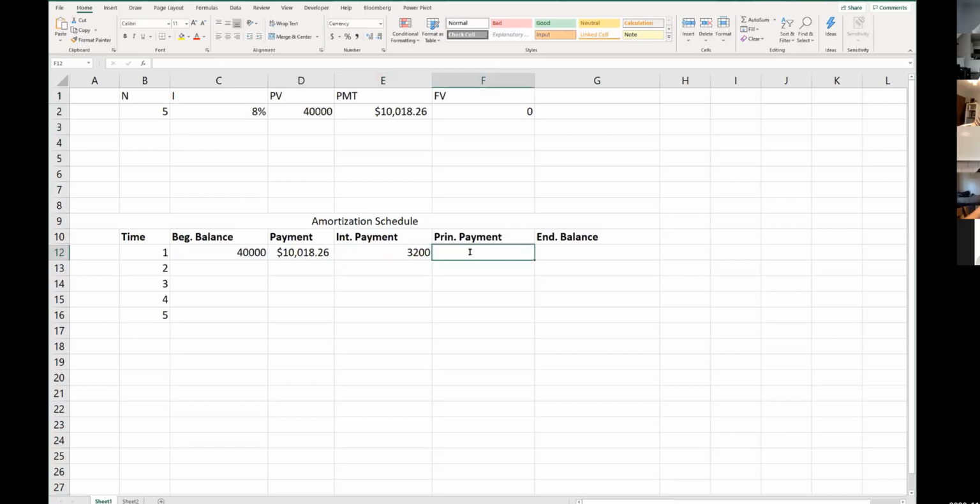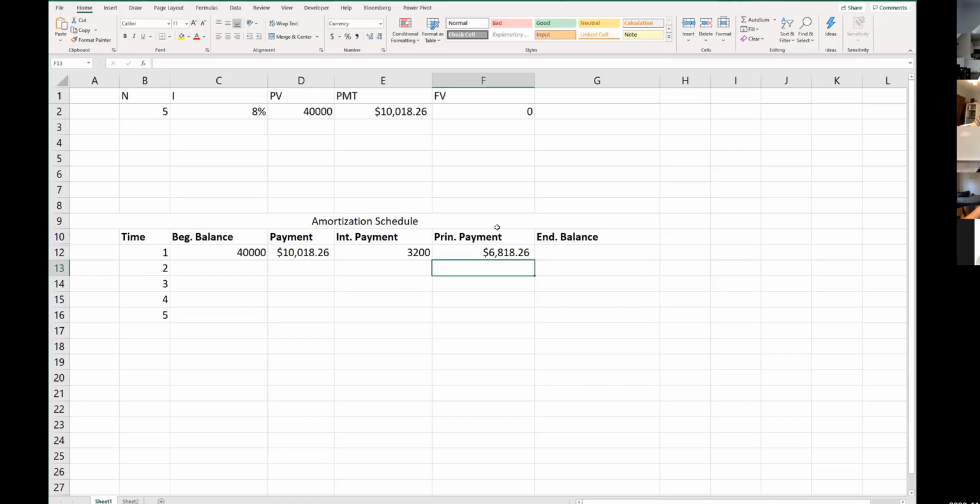So towards your principal, you paid 10,018, but 3,200 went towards interest. So that means 6,818 went towards principal payment. Is that clear? Right, I can see some nods.